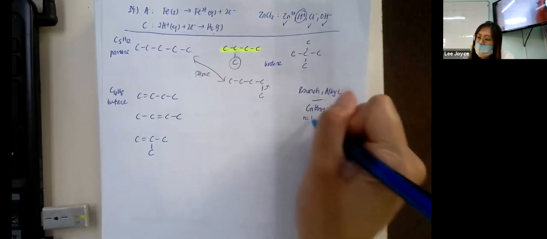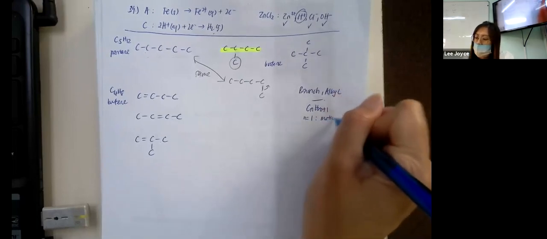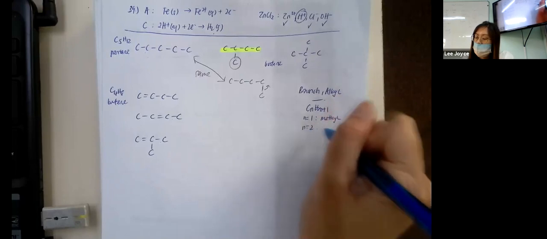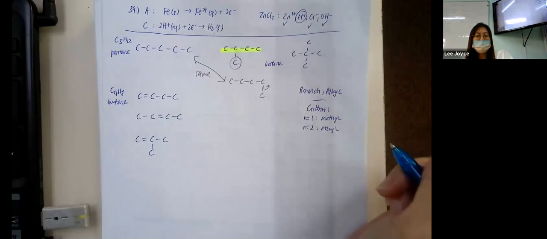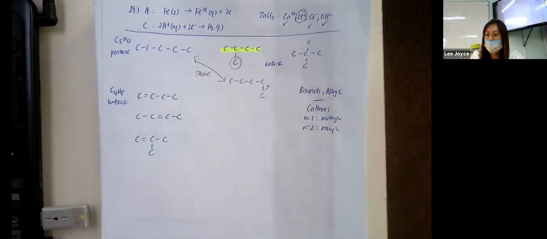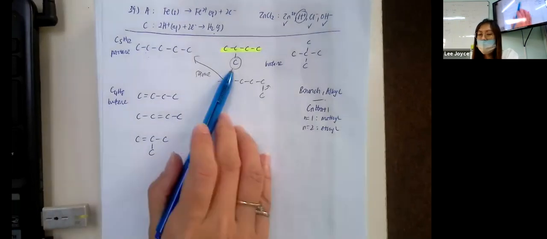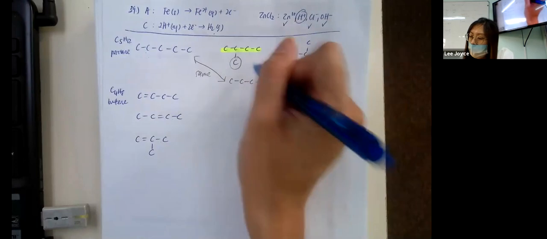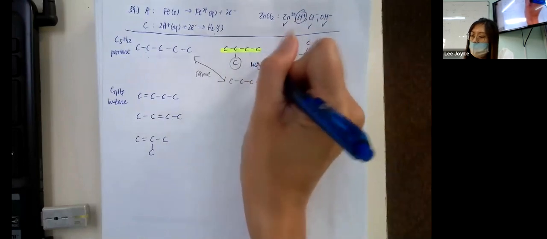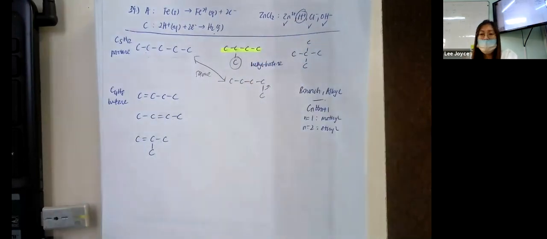If n equals 1, it's known as methyl. If n equals 2, it's known as ethyl. Here I have a branch that only contains 1 carbon, so it's called methyl. So it's a methyl butane.